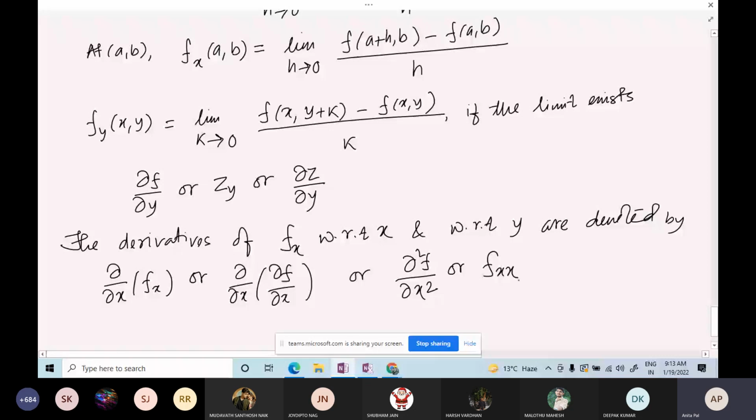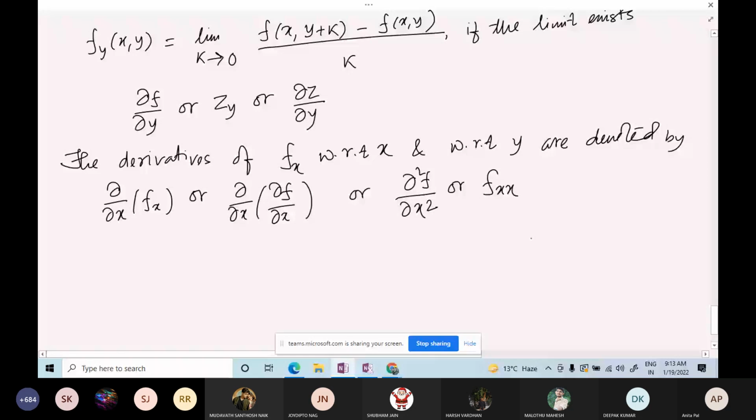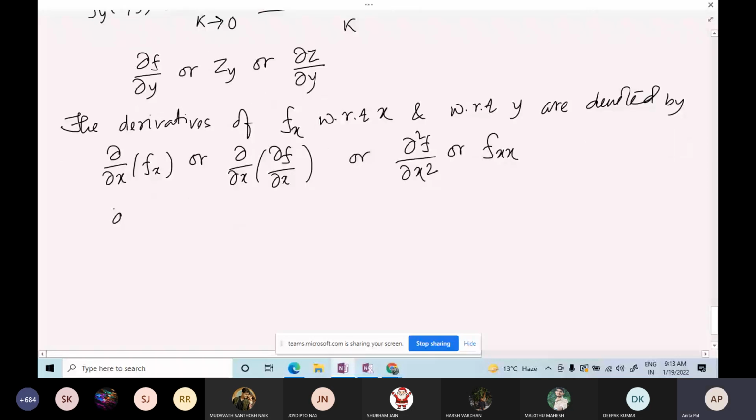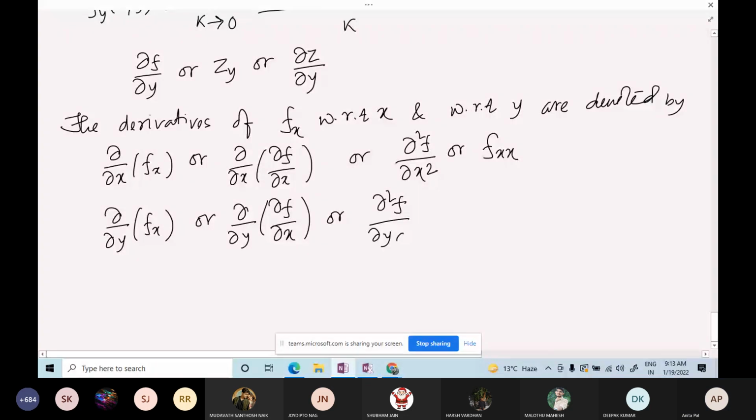Okay, so this is how the second order partial derivatives can be written. Similarly, we can write del del y of fx, the same as del del y of del f del x, or we can write del 2f del y del x, or we can write fyx.